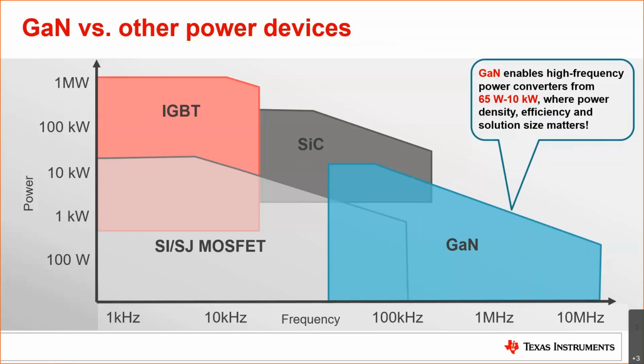That will later on bring a lot of advantages, which we will discuss today. And you can certainly see it as a very interesting technology if you need to shrink your power design, increase the power density, and have nice efficiency.